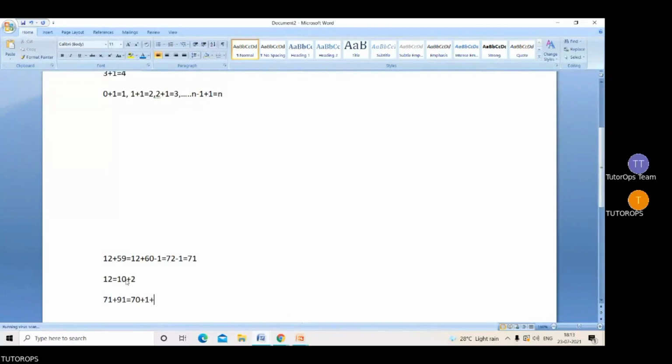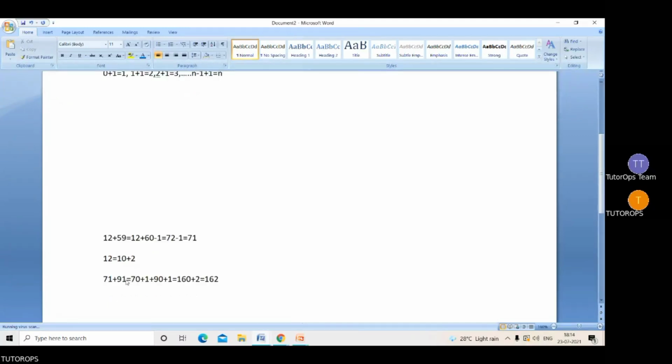Now, for 91, it will be 90 plus 1. Then it is easier to calculate because there is 7 into 10 and 9 into 10. So basically it will be 16 into 10 plus 2. 1 plus 1 will result in 2, and the answer is 162. So basically in this method we are counting the number of tens.